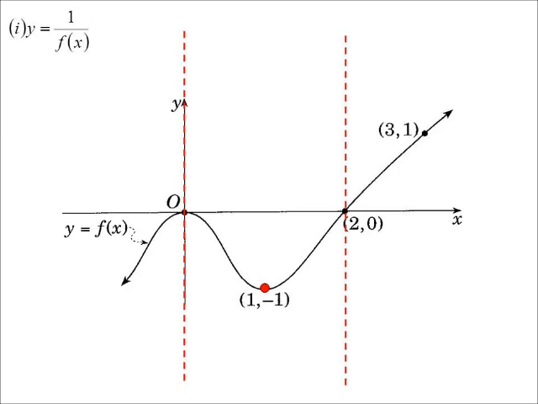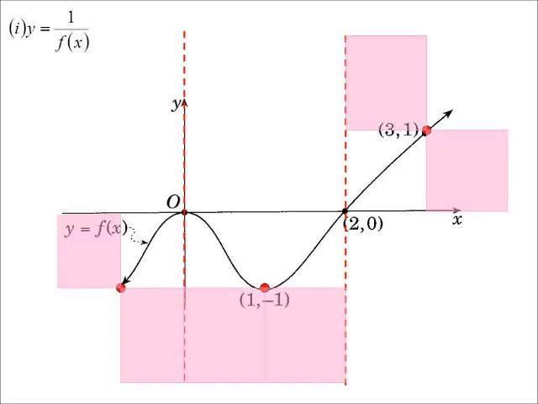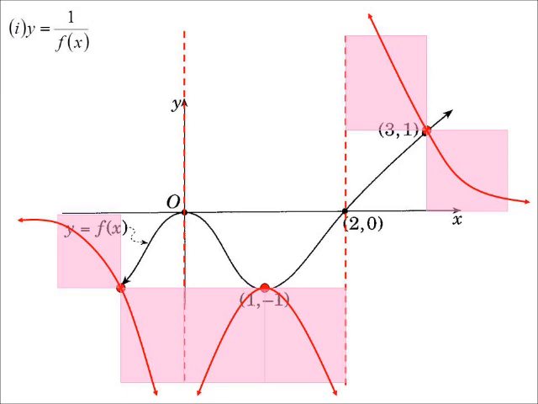Let's plot those in. There's minus 1. Positive 1. Remember the other idea? Whenever the original graph was increasing, the new graph will be decreasing. Things like that. So we end up with... that's what I was saying. So above and below 1. There we go. There's our red graph.